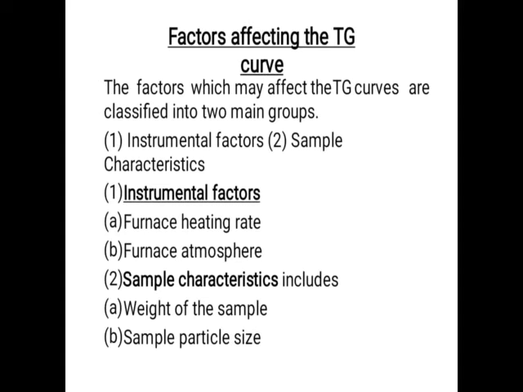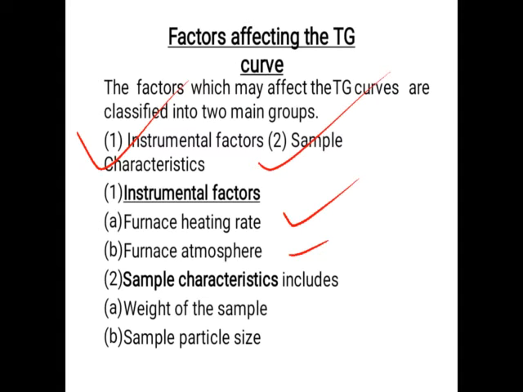Okay, so there are some factors which can affect the thermogram or the thermogravimetric curve. They are classified into two types. One is the instrumental factor, second one is the sample property or the sample character. In case of instrumental factors, the factors which affect the thermogram curve are the furnace heating rate and the atmosphere. We have already told that we are heating the sample in an environment.